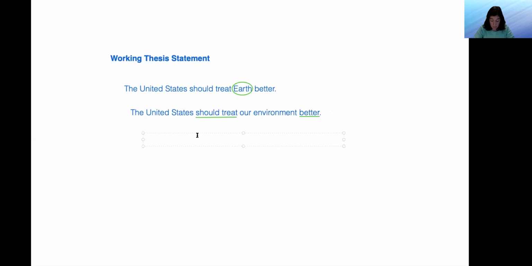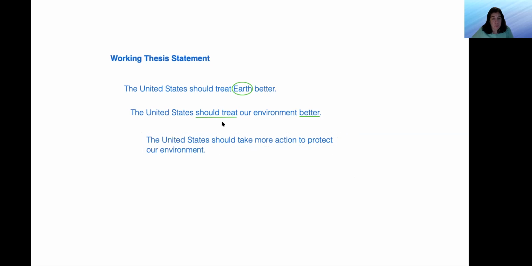So we come up with: the United States should take more action to protect our environment.